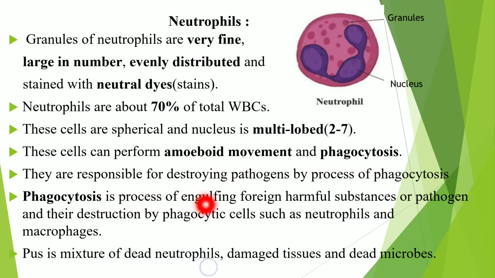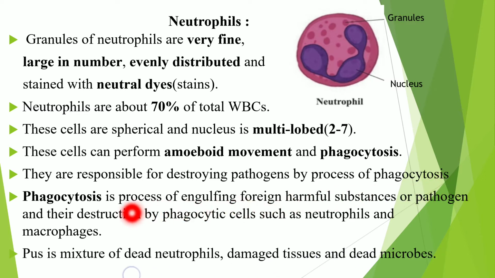It is the process of engulfing foreign harmful substances or pathogens, and their destruction is called as a phagocytosis. So they perform two main functions. It can show the amoeboid movement and another is phagocytosis. So these cells, they are responsible for destroying pathogens by a process we commonly call as a phagocytosis.